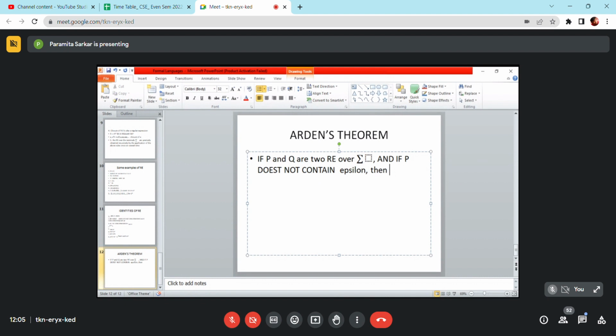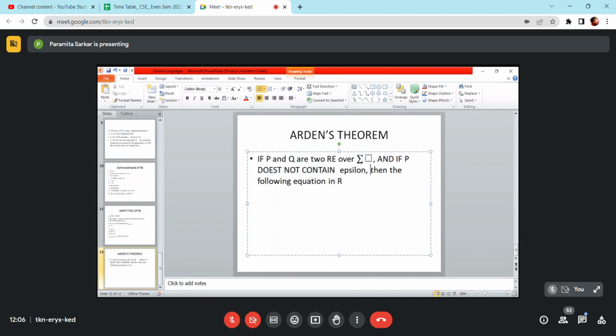Then what does Arden's theorem say? Among P and Q, we consider that P does not contain any epsilon symbol, no empty symbol.